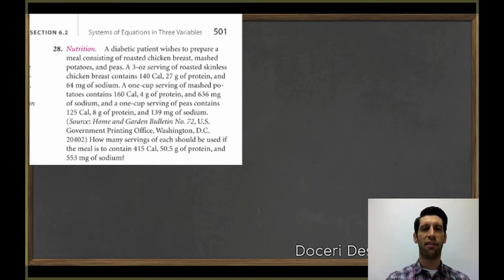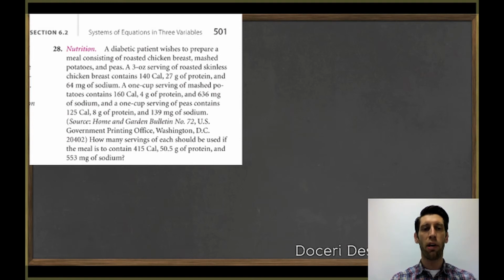So in this exercise, a diabetic patient wishes to prepare a meal consisting of roasted chicken breast, mashed potatoes, and peas. A 3-ounce serving of roasted skinless chicken breast contains 140 calories, 27 grams of protein, and 64 milligrams of sodium. A 1-cup serving of mashed potatoes contains 160 calories, 4 grams of protein, and 636 milligrams of sodium.